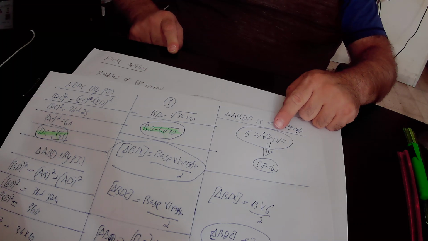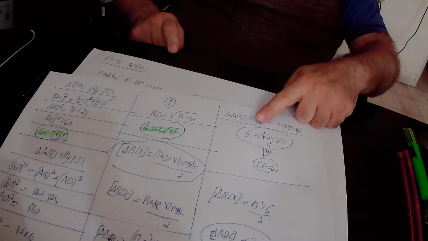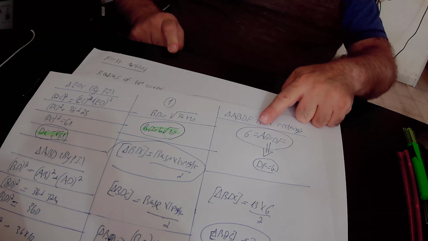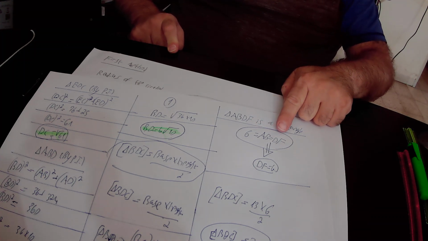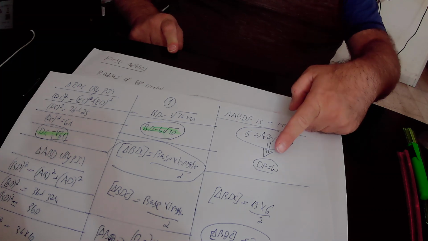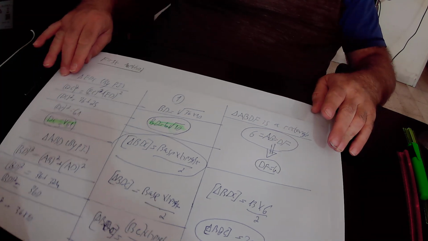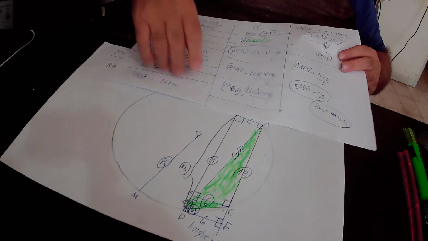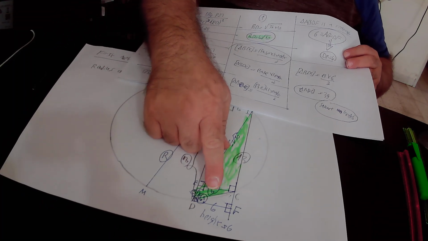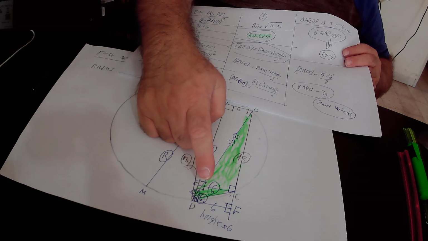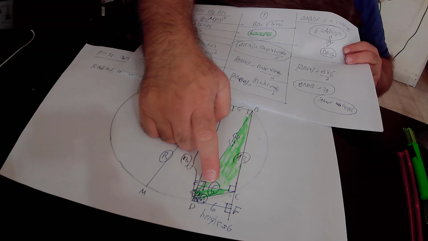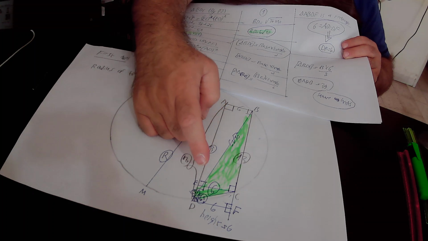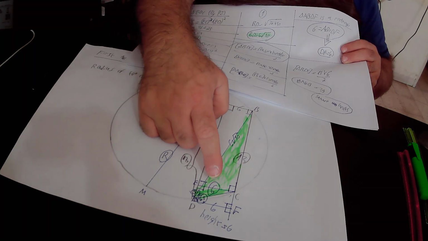According to the rule that the opposite sides of a rectangle are equal, from 6 equals AB equals DF, we derive that DF is also equal to 6 units. Therefore, DF is also the height. So the height to the base of the green triangle BDC equals 6 units.